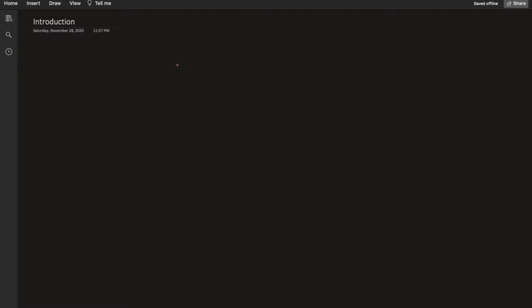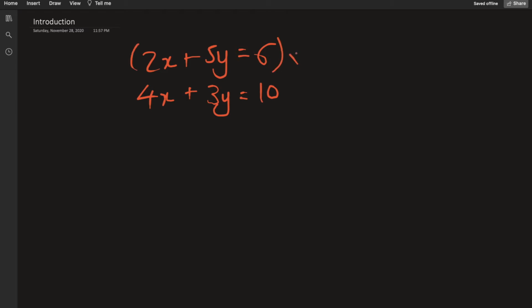Okay, to just give you a quick recap, if we had something like this, to solve this, what we would do in a process that's called elimination is multiply the first equation by 2 and then subtract this new equation that we get, which will be 4x plus 10y equals 12, from the original unchanged equation below.